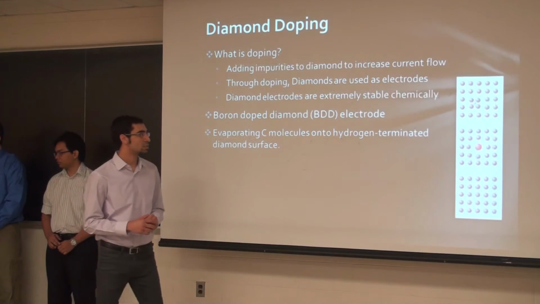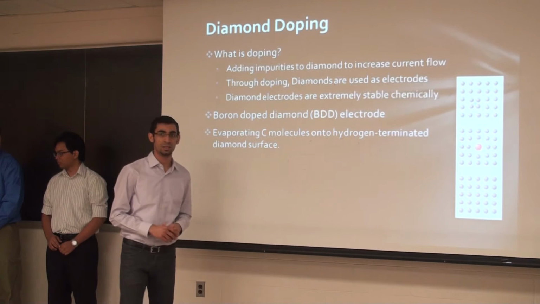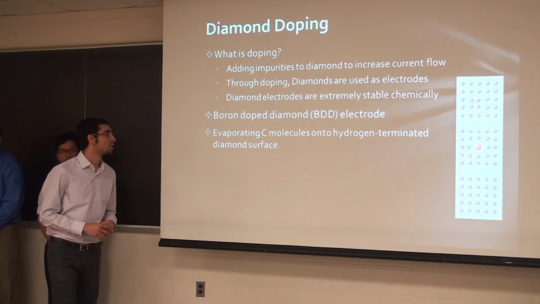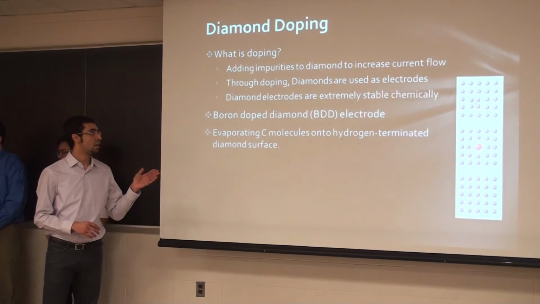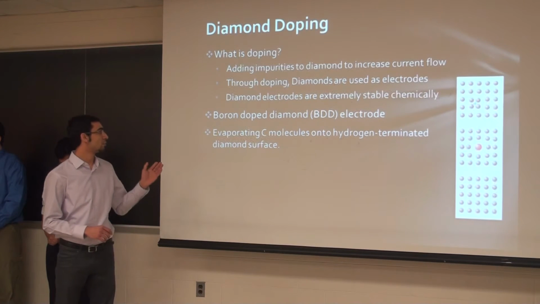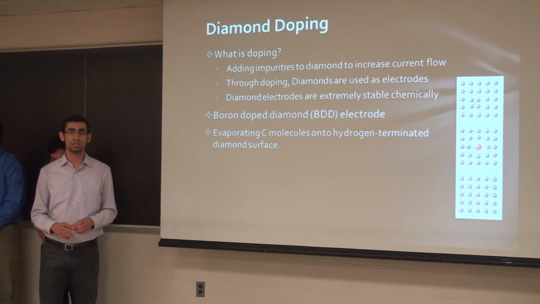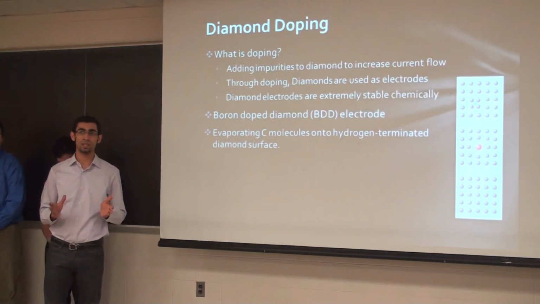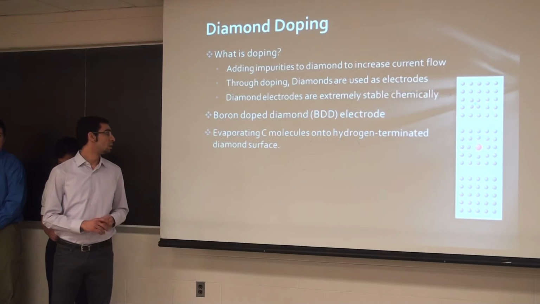As we can see in the picture, we are adding other atoms to the carbon atoms in the diamond to increase the impurities. Through doping, we can use diamonds as electrodes. A good example is the boron-doped diamond, the BDD, which is simply diamond doped with boron to increase its conductivity.